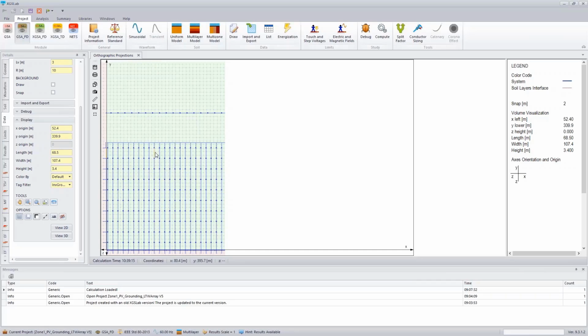And then each of them are connected by a fully insulated conductor as this system's modeling a system that's connected via the above grade tracker system or the tracking system. So the supports. So that's how this model was built.